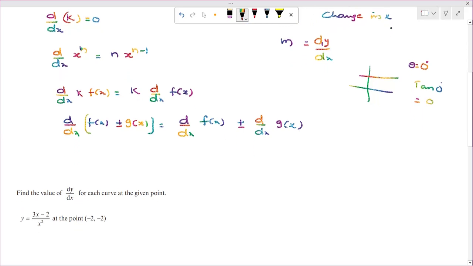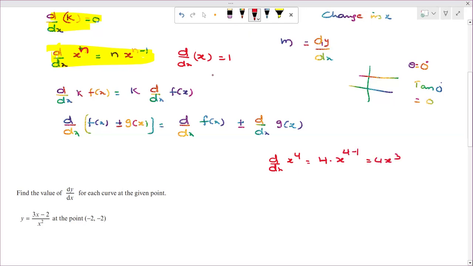Mainly you have to remember these formulas: the constant is 0, x to the power n gives n into x to the power n minus 1, and d by dx of x is 1. For example, d by dx of x to the power 4 is 4 into x to the power 4 minus 1, so 4x cubed. That's it.